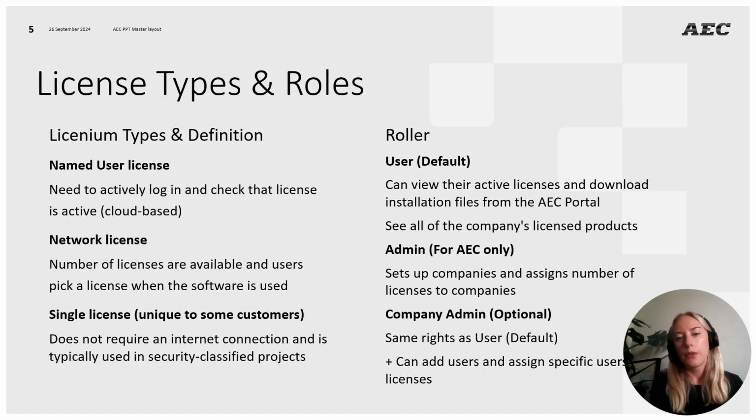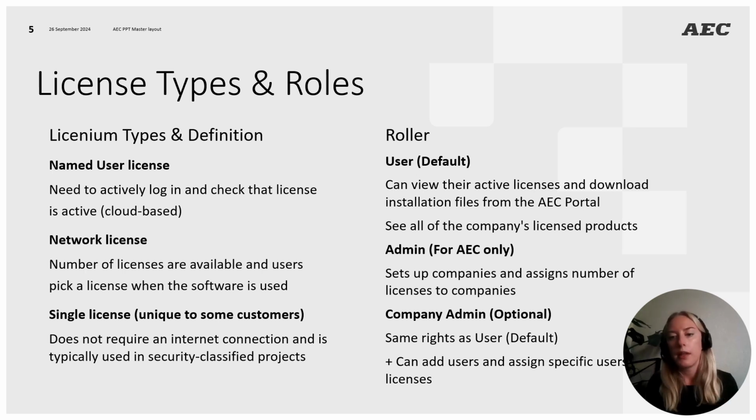And the roles we have in AEC Portal are, first of all, user default, which is the one that most of you will have. With this role, you will be able to see what types of active licenses you have, and you can also download products from AEC Portal.